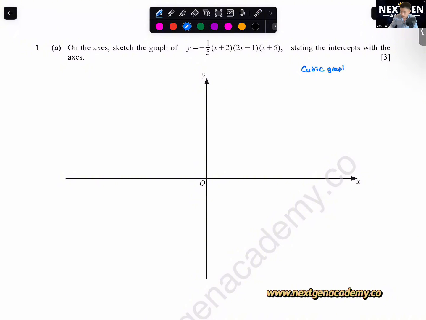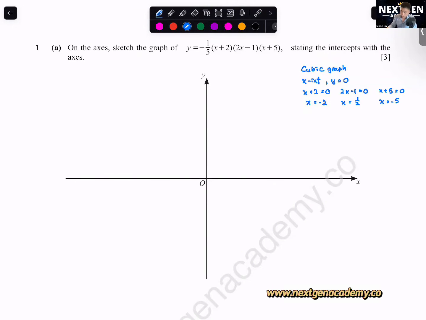For a cubic graph, the first thing I would find is the x-intercept, where y equals 0. All you need to do is take the 3 brackets equal to 0. So x plus 2 equals 0, 2x minus 1 equals 0, x plus 5 equals 0. Then x equals negative 2, x equals 1 over 2, x equals negative 5.